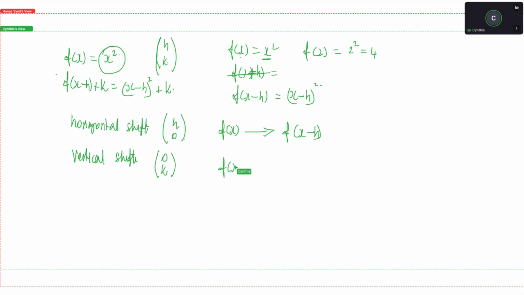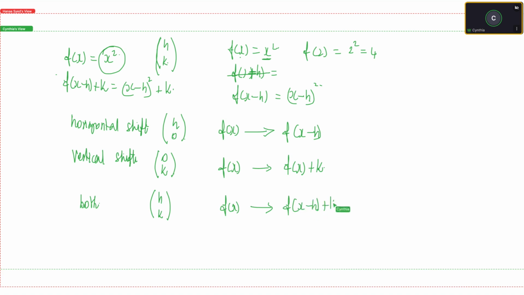If it is only vertical, it will be f of x plus k. Then both together, that is h comma k, so f of x will turn into f of x minus h plus k. Are you clear with that?